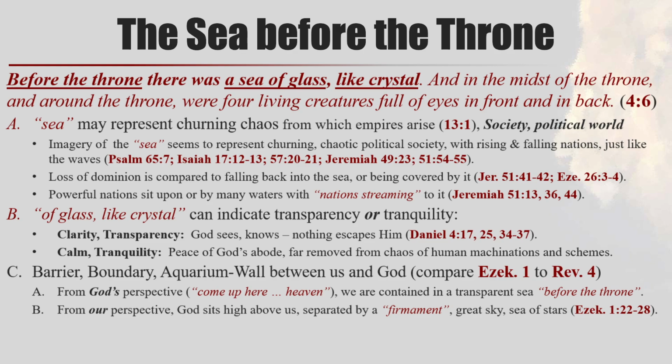So what looks from God's perspective as a sea, it looks to us as a sea of stars, a sky, if you will, that separates us and God. And so that makes the most sense of the difference that you see, at least to me, between Ezekiel 1 and Revelation 4. It's the difference of perspective. Revelation 4 is God's perspective looking down. Ezekiel 1 is Ezekiel looking up from earth. Both of them highly symbolic.